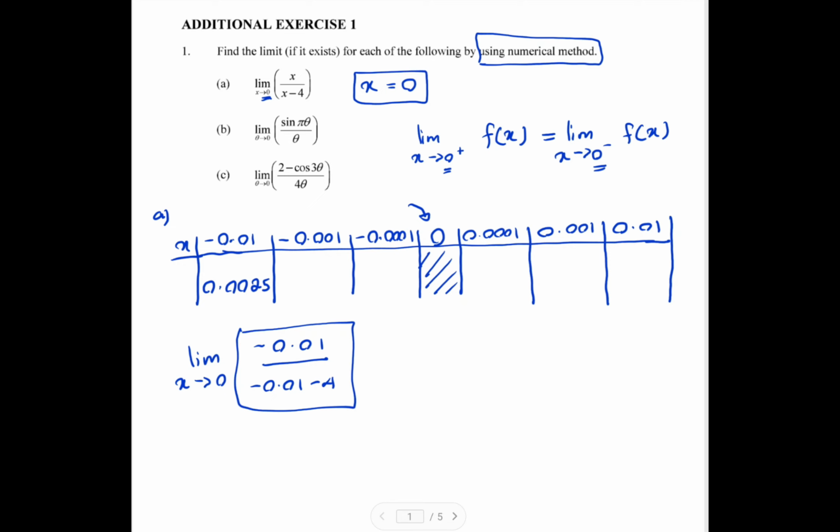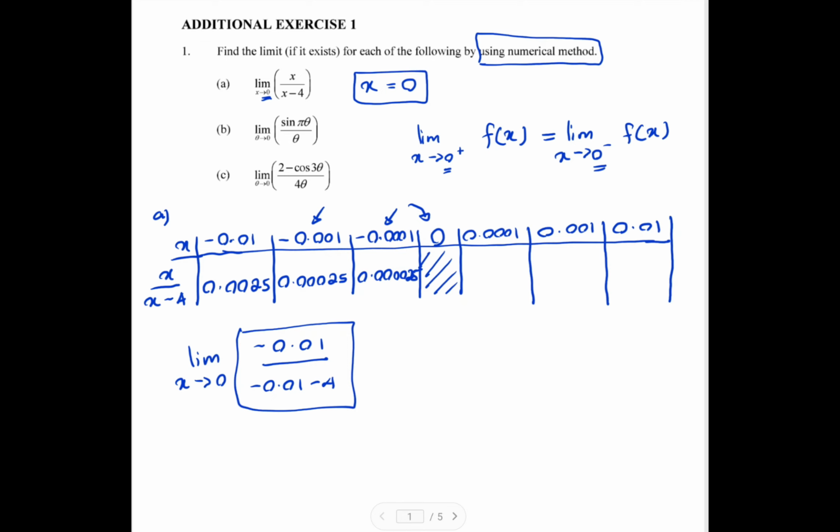Also the same thing when we substitute negative 0.001, we get 0.00025. And the last one, when we substitute negative 0.0001, we get 0.00025. So these are the values after you substitute in x divided by x minus 4.